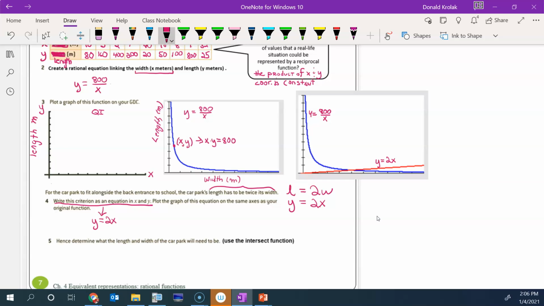Now, every point on the blue graph, if I take that x and I multiply it by that y, I get 800. Okay, every point on the red graph, if I take whatever the x coordinate is and I multiply it by 2, I'm going to get the y coordinate.